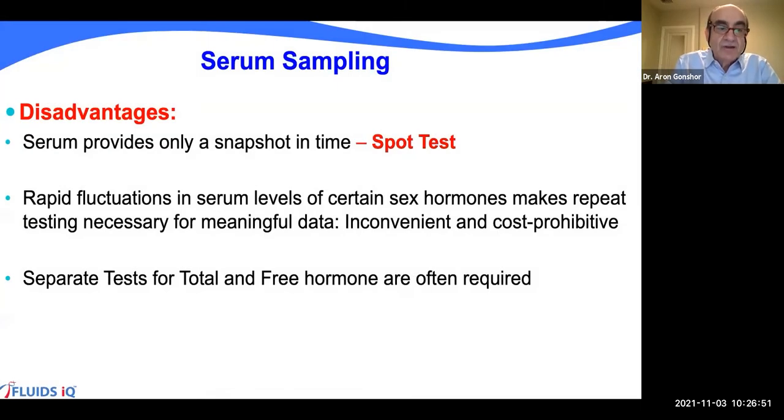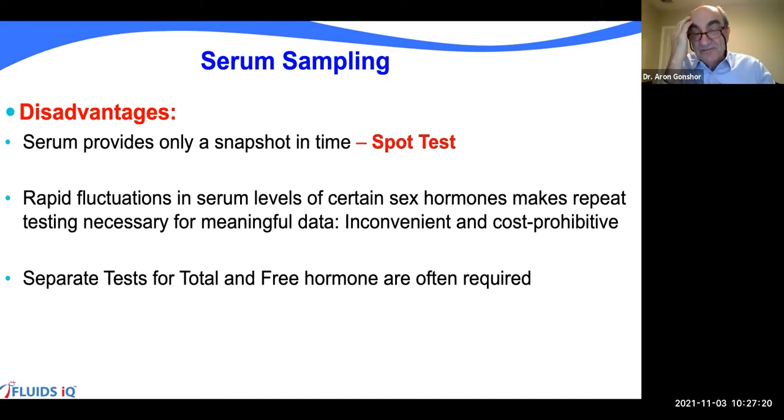But I do want to, again, make sure that you understand that serum, like anything else, when you do a spot test, is providing a snapshot in time, what is happening at that moment. Now, if you have rapid fluctuations in the serum of many of these sex hormones, then it makes repeat testing necessary in order for you to have some idea of what's going on during the day.